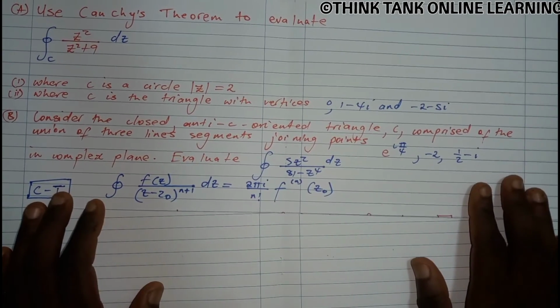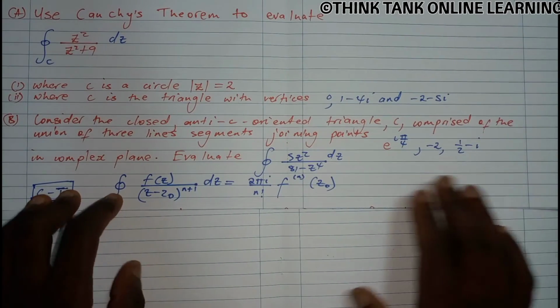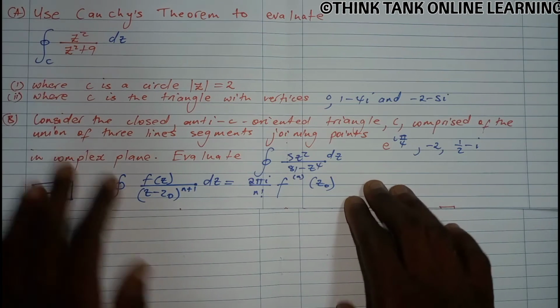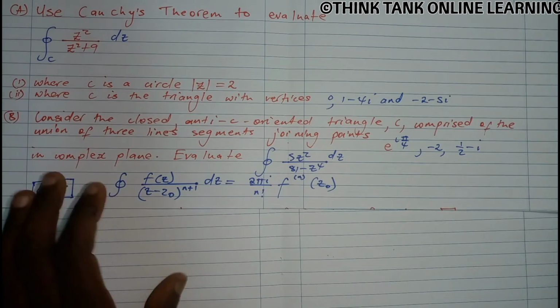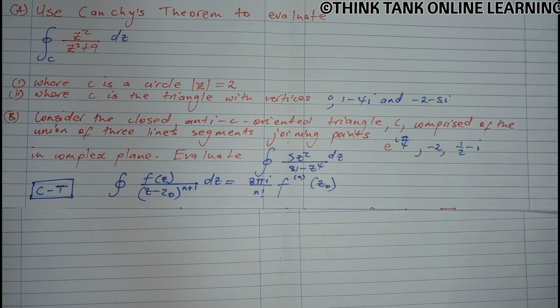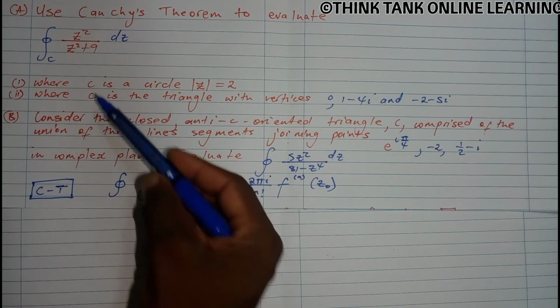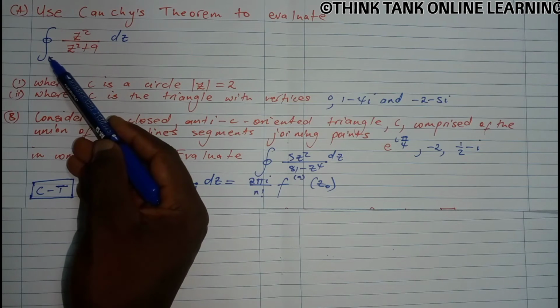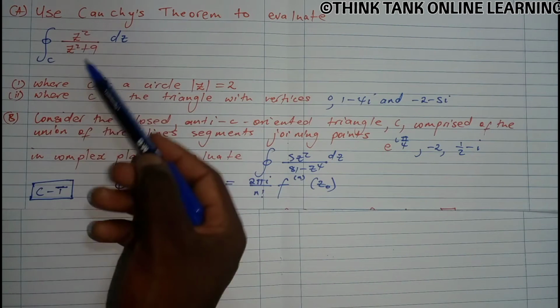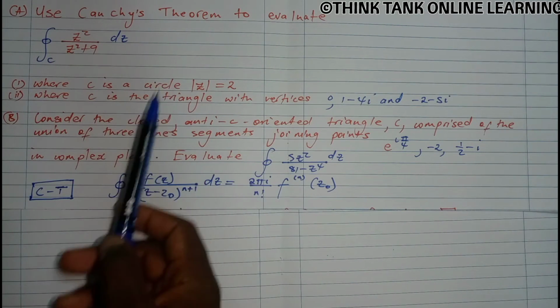So I'm going to solve these questions, question A and question B, starting with question A. On question A, I want to evaluate this integral, and we're given the region we're looking at, which is C. These are line integrals in complex variables.